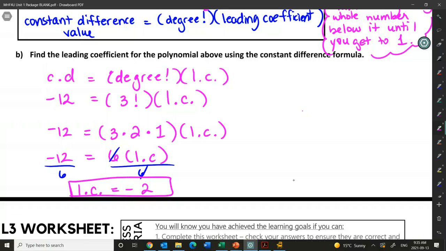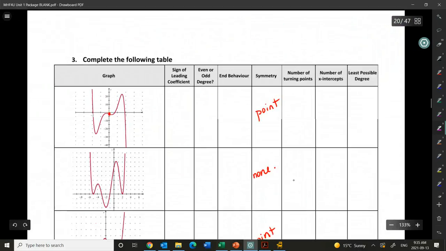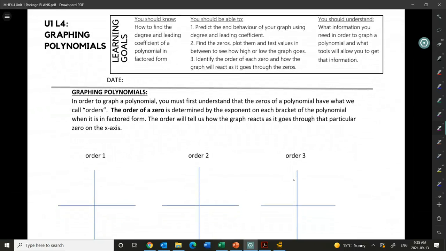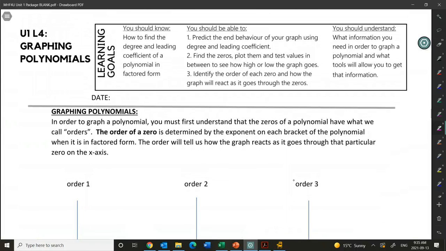Okay, let's flip over to lesson 4. Okay guys, so our goals for today: when we were doing our first worksheet last week, we had an equation that looked like this.